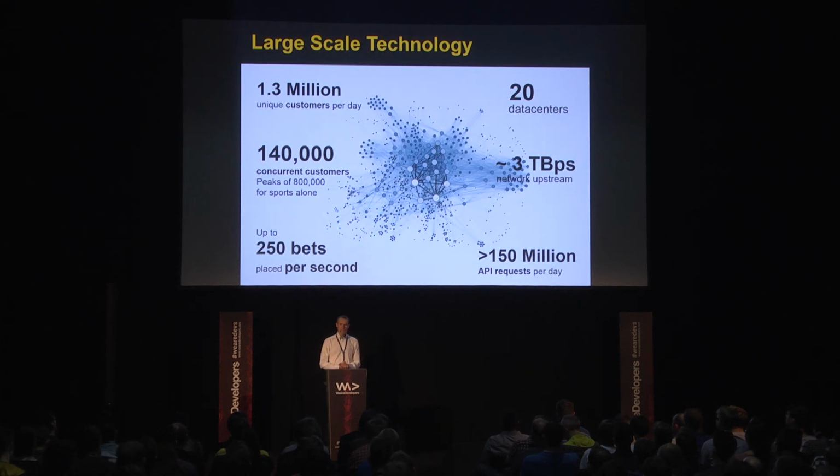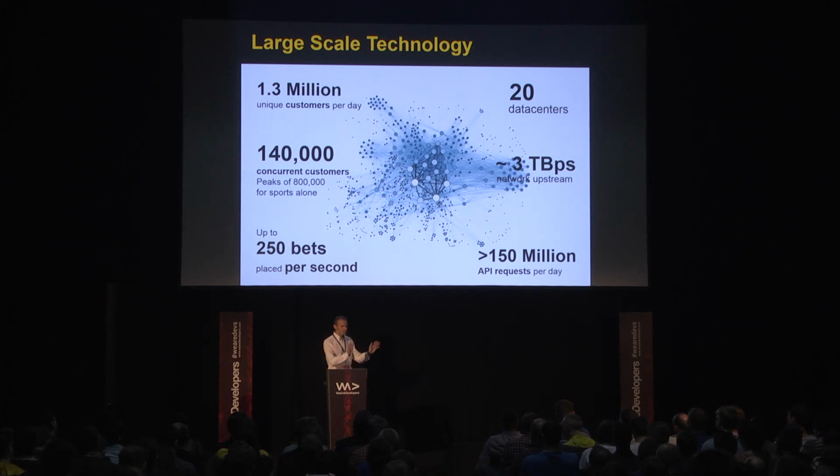Here you can see some of our characteristics, I would say, business performance numbers. We have about 1.3 million unique customers per day. We are very much driven by peaks when there are sport events. Then a lot of customers are storming the site. So in sports, we can have up to 800,000 people at the same time, concurrent customers trying to look at games.